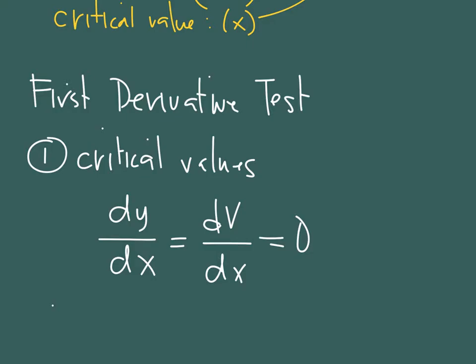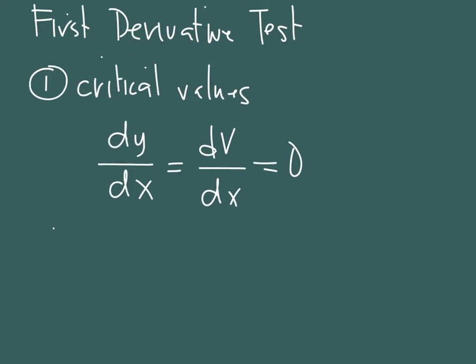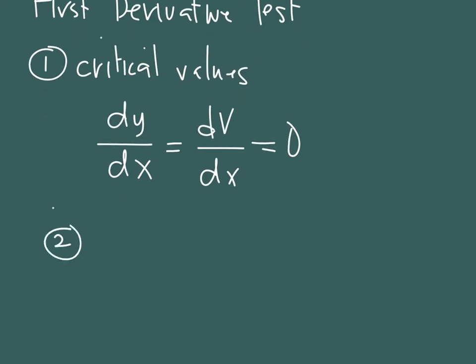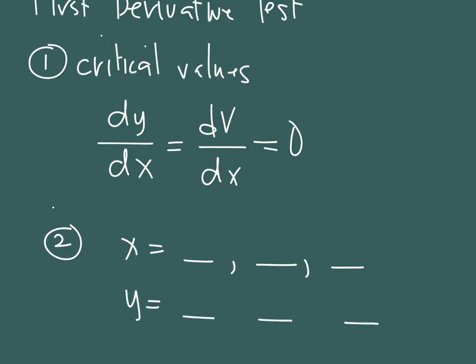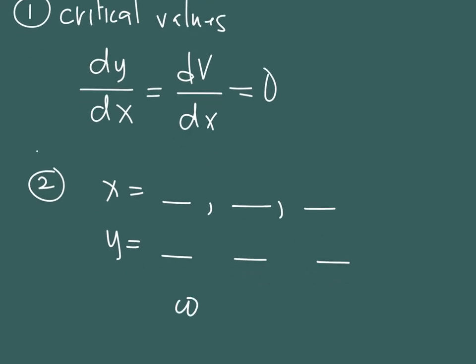Okay? And after that, we will just be comparing. So once you found all those x values, you need to find their corresponding y, and all you have to do is to compare which one will be the highest value.